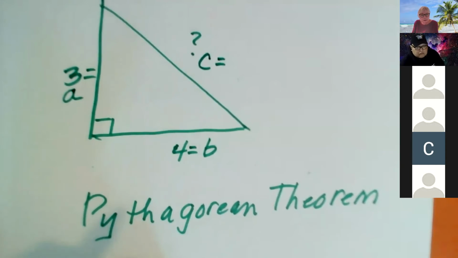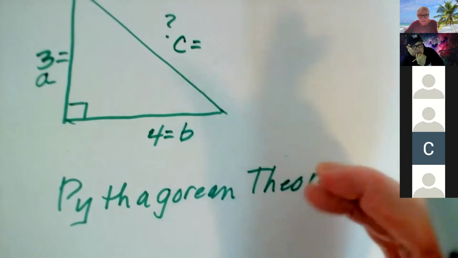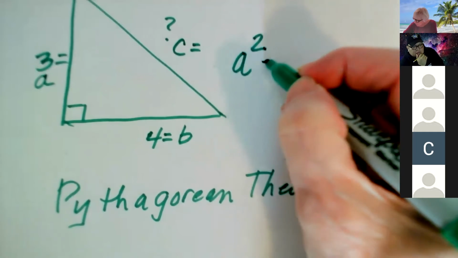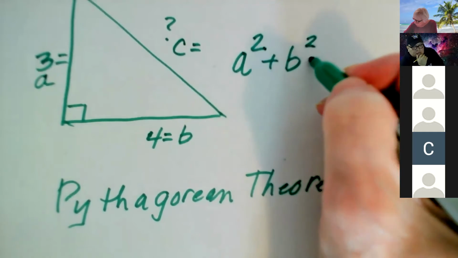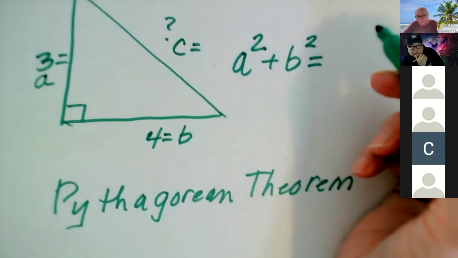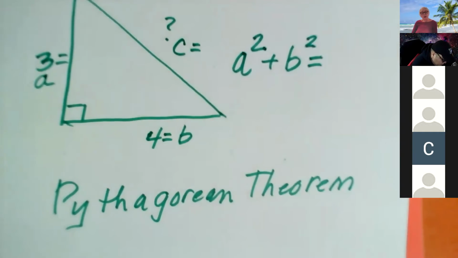Anybody know the formula? A, B, and C? Isn't it A times B, times half or something like that? No, you're thinking of the area formula. Oh, right.